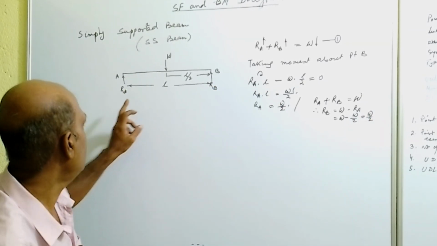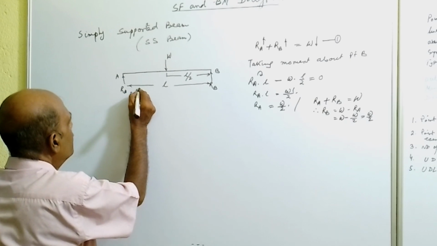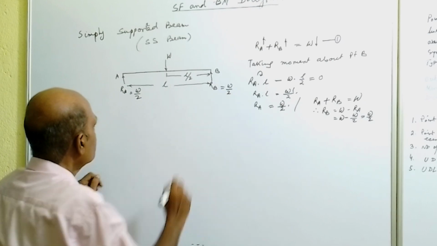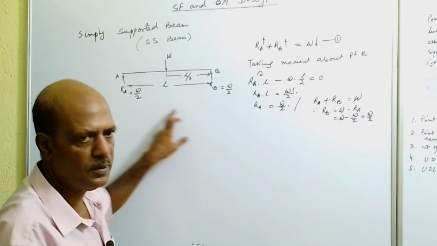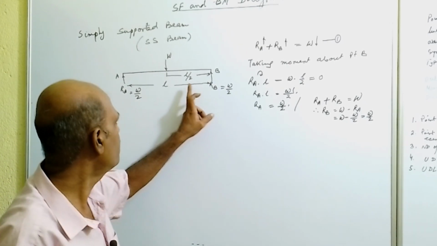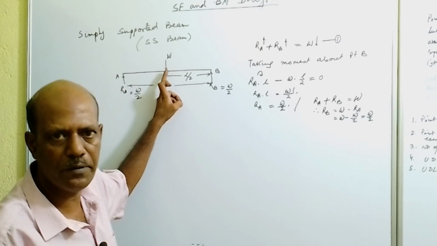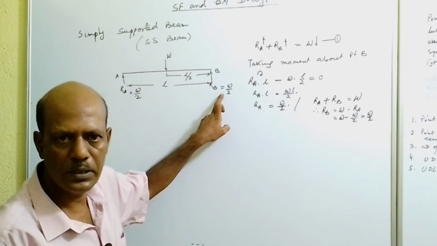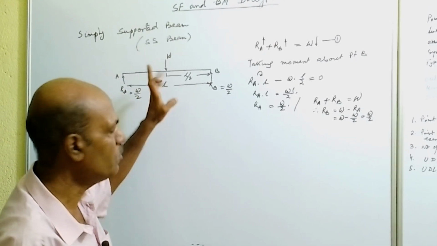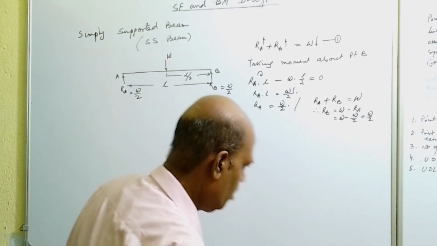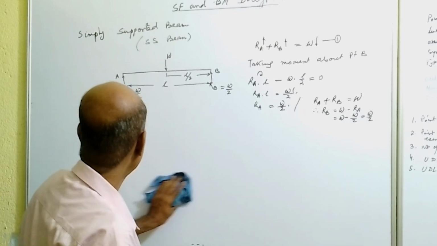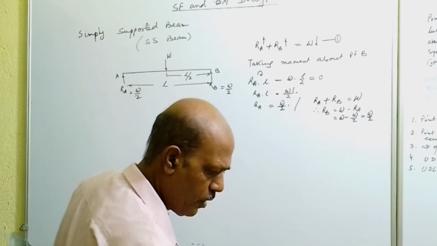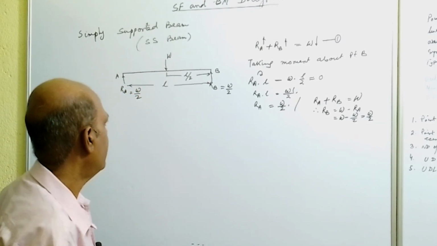So from this it is clear that RA is equal to W by 2 and RB is also equal to W by 2. If the load is acting at the midpoint of the beam, then the reactions will be equal. So the load is symmetric, and the reactions at point A and point B will be the same.